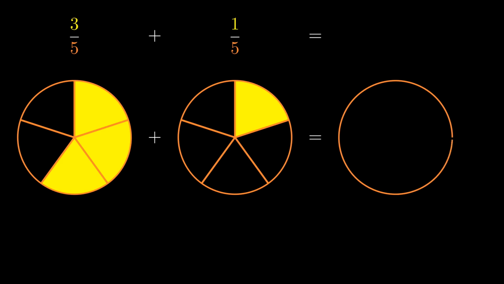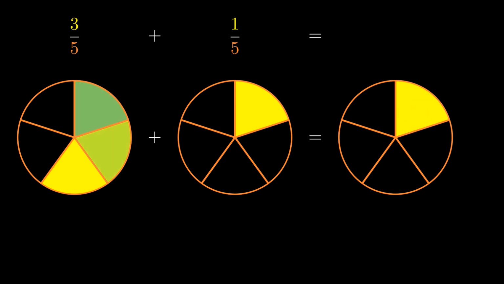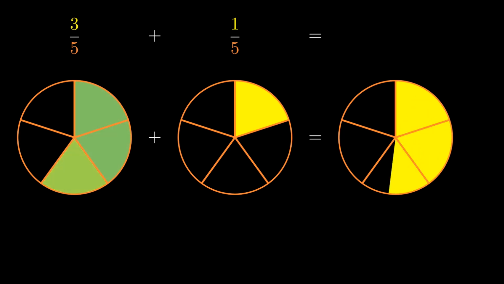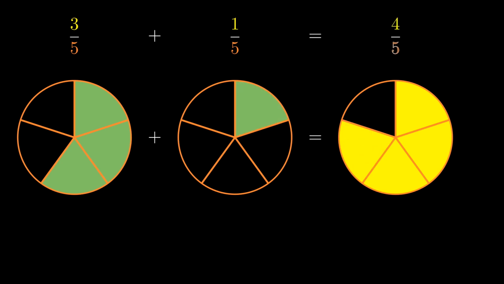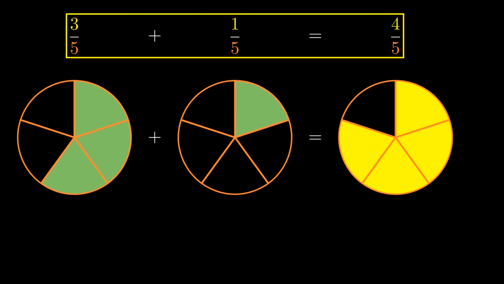And this equals, and again, let's draw a pizza and divide it into 5 slices. And so we have 1, 2, 3, and 4, representing 4 out of 5 pieces.